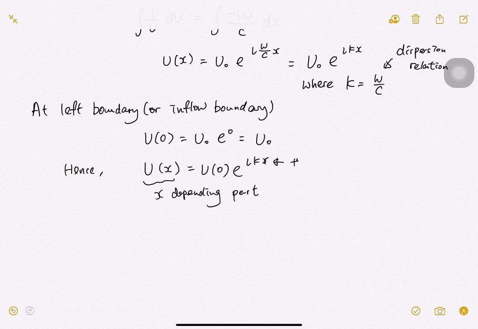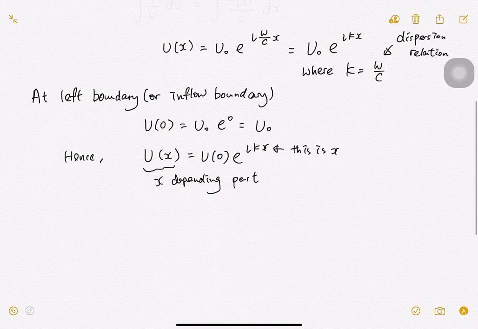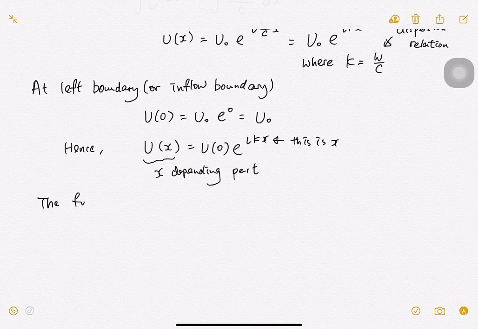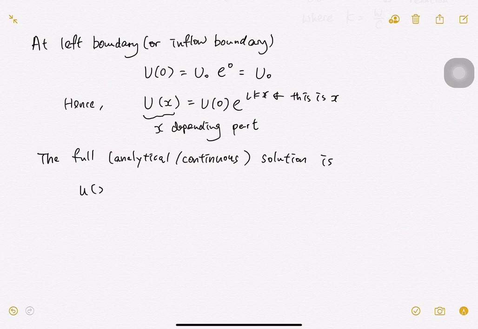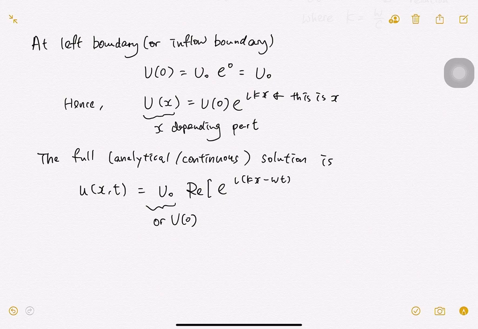This is x, right? So the full analytical, or continuous, solution is u of x, t equals u 0 times the real part of e to the power of iota kx minus omega t, where omega equals kc.